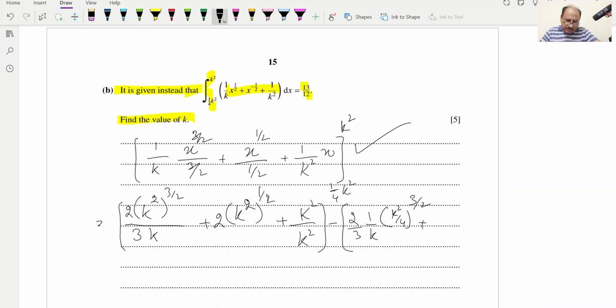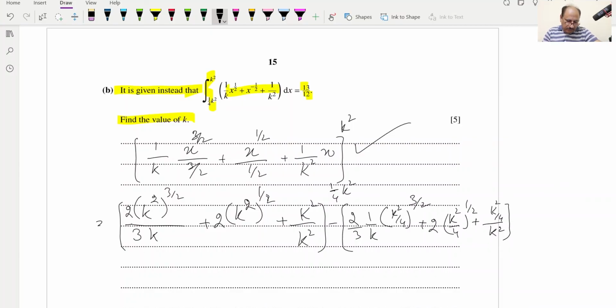So plus next is x raised to 1 by 2, so it means k squared by 4 raised to the power 1 by 2, and this 1 by 2, this denominator will go up, and x raised to the power 1 by 2 we can write k squared over 4 raised to the power 1 by 2, and plus 1 over k squared, which we can write k squared over 4 over k squared, and bracket closed.